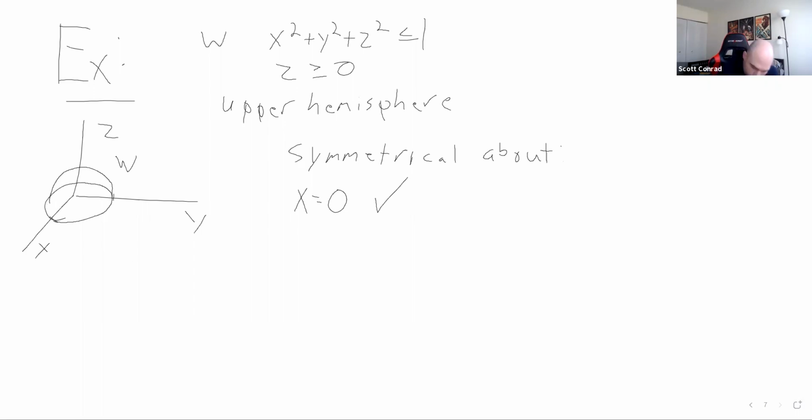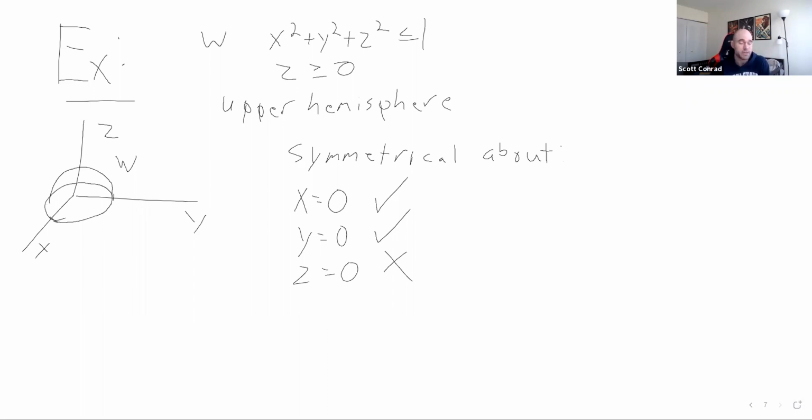Symmetrical about y equals 0, to the left and the right, the xz plane? It is indeed. Symmetrical about z equals 0? It's not. You don't have a mirror image above and below the xy plane, z equals 0. So no symmetry in the z direction.